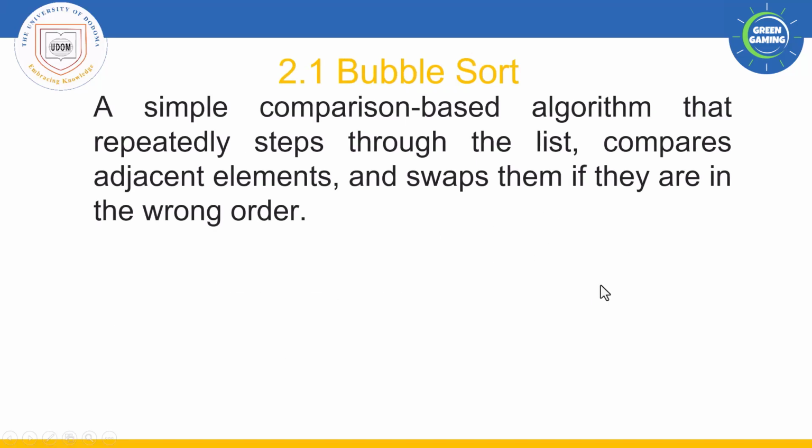Bubble sort is a simple comparison-based algorithm that repeatedly steps through the list, compares adjacent elements, and swaps them if they are in the wrong order. This process is repeated until the list is sorted, right?